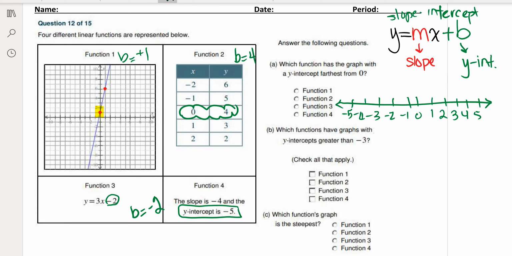Okay, so we have one that's at positive 1. We have one that's at positive 4. We have one that's at negative 2. And we have one that's at negative 5. So the one that looks like it's the farthest away would be negative 5. That's 5 units to the left. So that would be function 4.